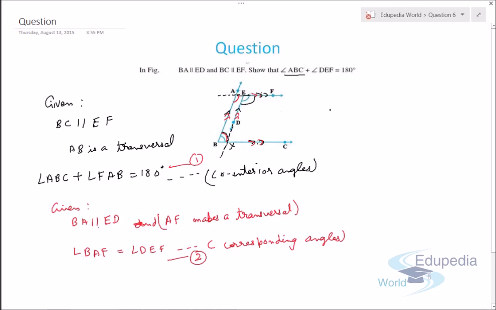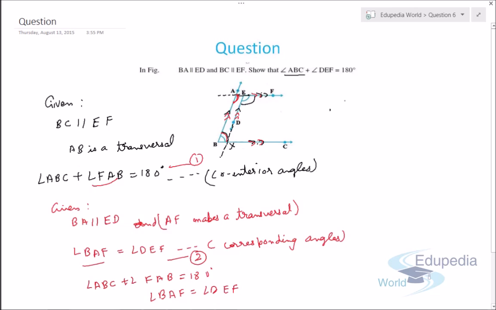So we can replace this angle with this angle because they are equal. FAB means this angle, BAF means this angle again. So we can write angle ABC plus angle FAB is 180, and angle BAF is equal to angle DEF.